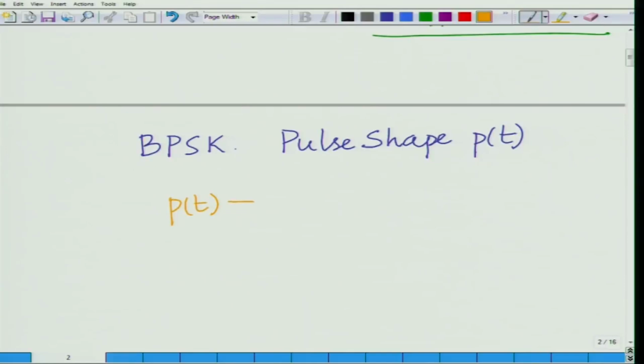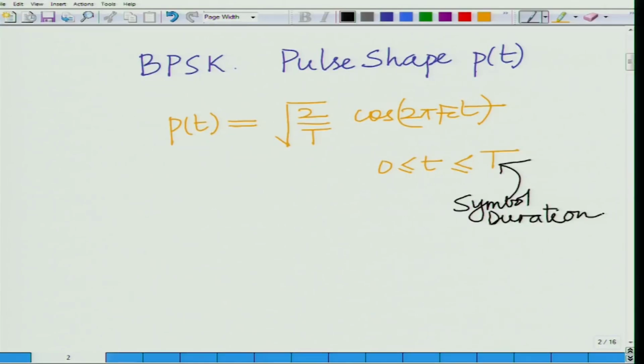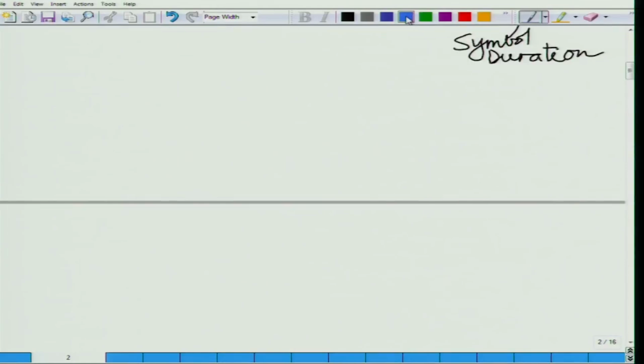The response of the pulse is given as p(t) equals square root of 2 over T cosine 2 pi f_c t, for 0 less than or equal to t less than or equal to T, where T is the symbol duration, and further we have the condition that T is an integer multiple of 1 over f_c.